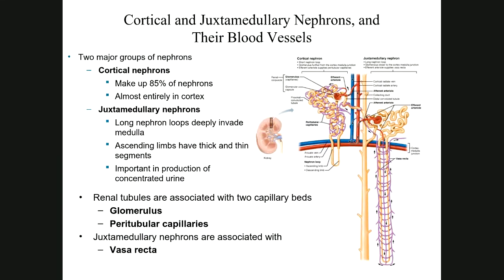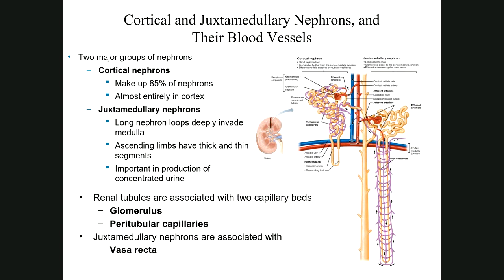So this is the cortex, and this is the medulla, okay? And this is the corticomedullary junction over here with the arcuate arteries and arcuate vein, all right? So the nephrons are going to be all in the cortex, right?